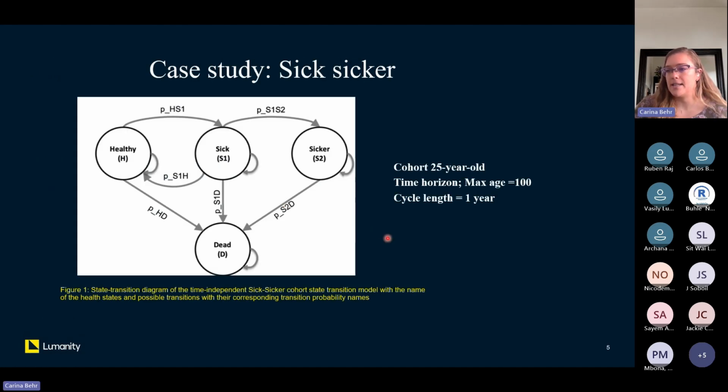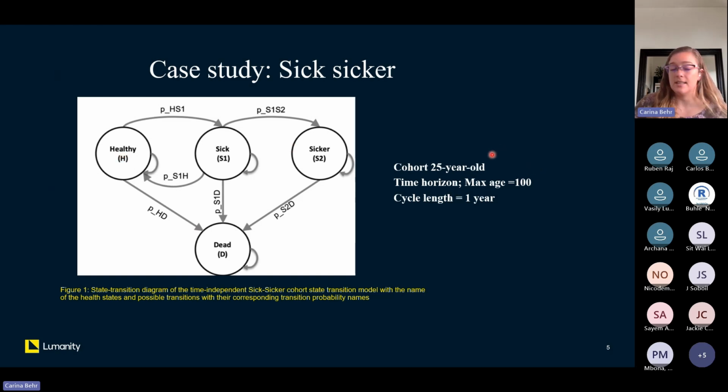If we look at the basic Sick-Sicker model, we have 4 health states. Patients can move from healthy to sick, for example, from sick to sicker, from sicker to death. Actually, from every state, patients can die. In every state, you can stay in the state, and a person can also move from sick to healthy, so there is cure.